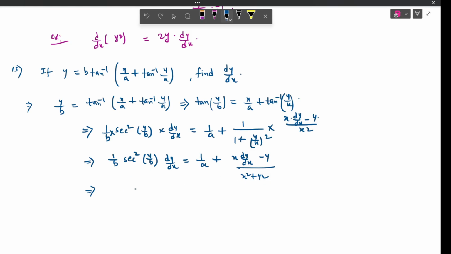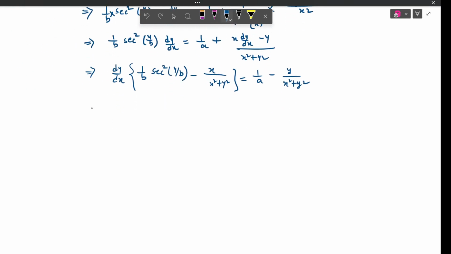And if you take this term in the left hand side and take common of dy by dx, you will get dy by dx of 1 by b sec square y by b minus x by x square plus y square equals to 1 by a minus y by x square plus y square.